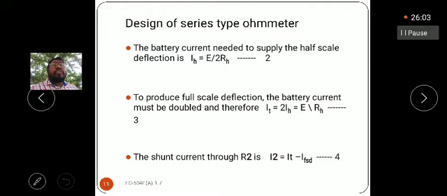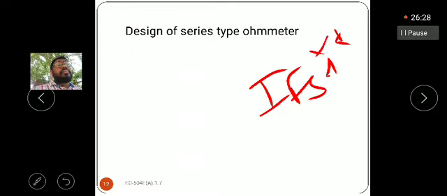To produce the full scale deflection, the battery current must be doubled, so IT is equal to 2 into IH. Substituting the values, the 2 cancels, and we get E by RH. The shunt current through R2, the current passing through R2, we take as I2, then I2 is equal to the total battery current IT minus the full scale deflection current.